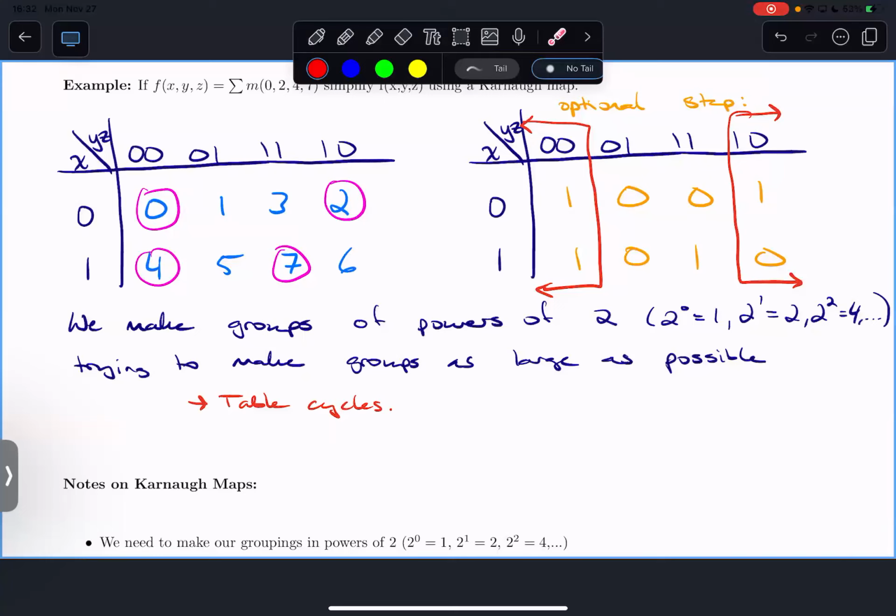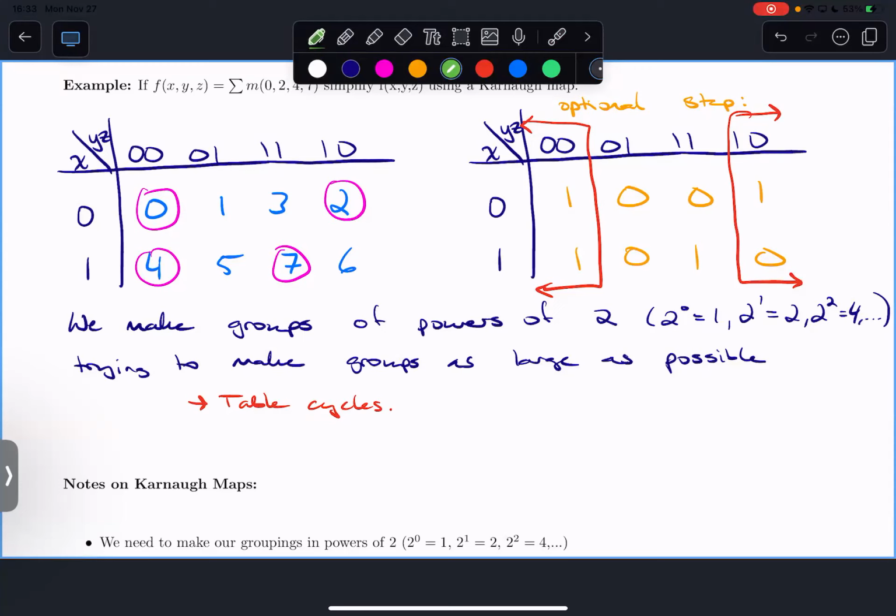But this is our first one. So let's see here. Well, I kind of drew all over this one, saying that the table cycles. So maybe, just maybe, I shouldn't do that. And yet here we are.